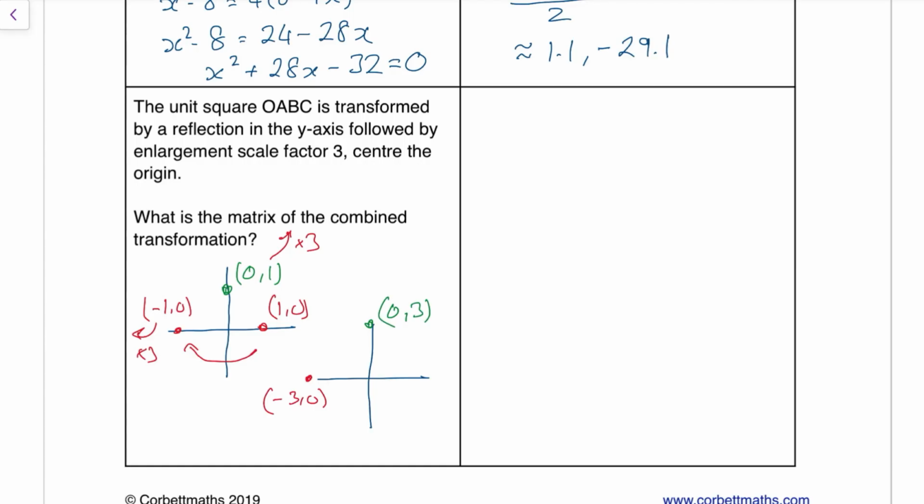Now, how do I do that as a transformation matrix? What I'm doing is taking my original red coordinates, 1, 0, and they become the new red coordinates, which is minus 3, 0. And I'm going to take my original green coordinates, 0, 1, and that becomes the new green coordinates, which is 0, 3. Now I'm going to get rid of this just so it's not confusing, which means my transformation matrix is minus 3, 0, 0, 3. And that's it, question done.